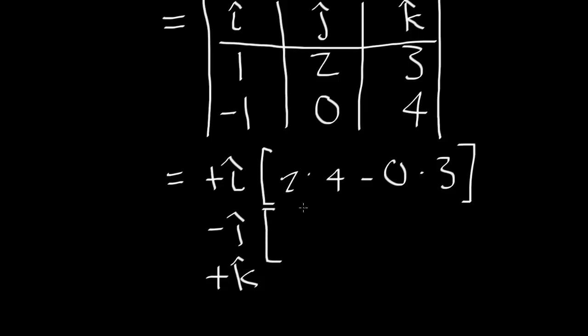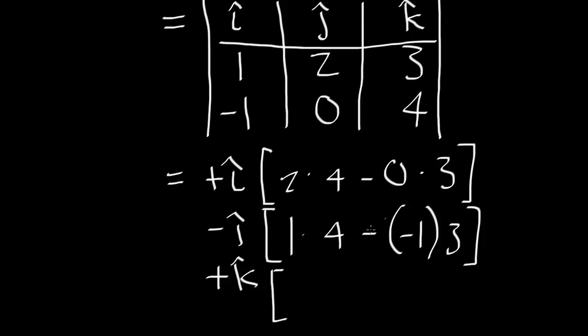So for j hat, we're going to do a similar thing. We're going to cross out the row. So we're just finding where j hat is. We eliminate that row. We eliminate that column. We take the determinant of whatever's left. So it's 1 times 4 minus -1 times 3. And then for k hat, kind of cutting into each other here, so I'll fix this.